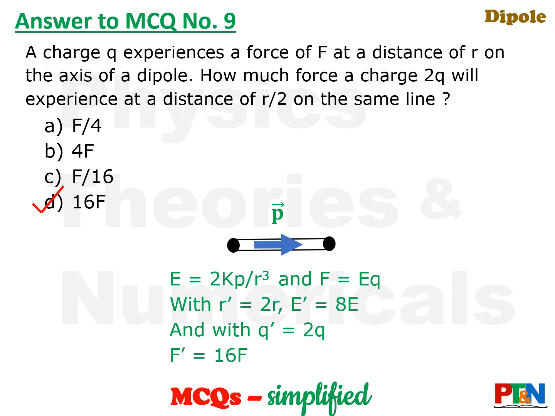Now r dash is twice r, so E dash will be E by 8. Then q dash is 2q. So F will be 16F. Go step by step. Electric field is becoming 8 times and the charge has become double. So total new force will be 16 times the earlier force.